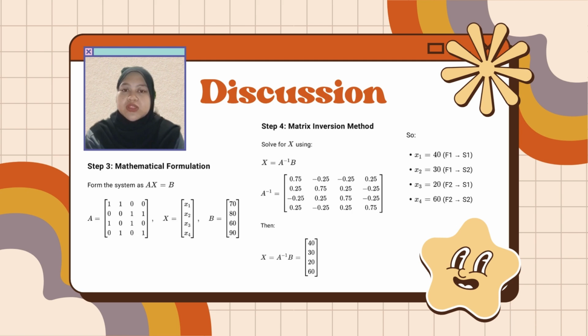Step 4. Solve using matrix inversion. We solve the equation using the formula, which involves finding the inverse of matrix A and multiplying it with matrix B. The result tells us how many units to send from each factory to each store: 40 units from factory 1 to store 1, 30 units from factory 1 to store 2, 20 units from factory 2 to store 1, and 60 units from factory 2 to store 2.